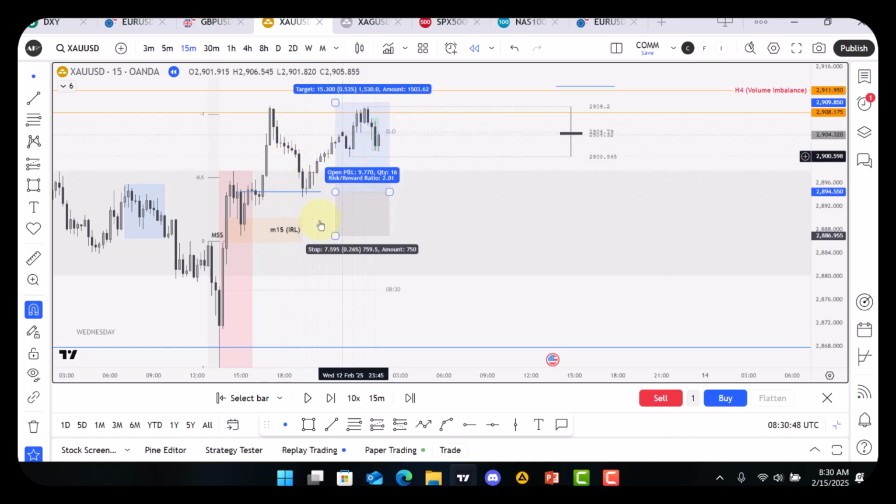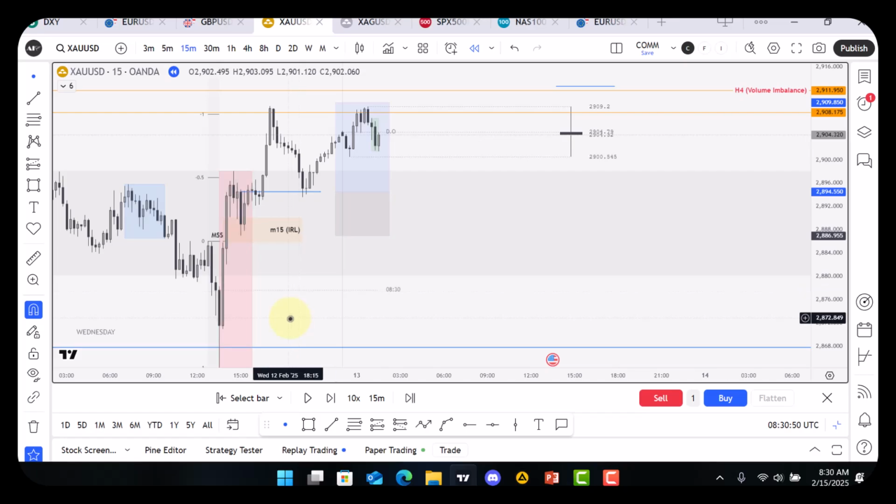But I was able to secure some partials, and that's the essence of trading. Always, you must apply your risk management strategy to ensure that you secure most of your profits out of the market rather than being stopped out.